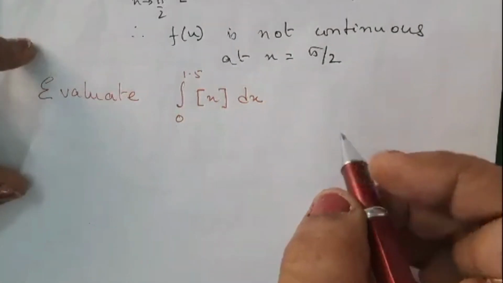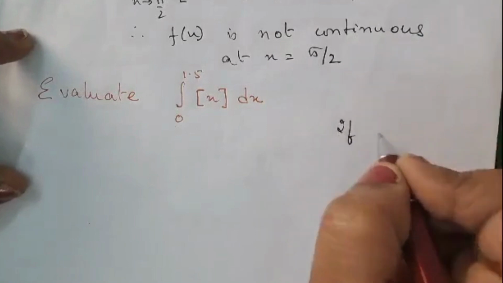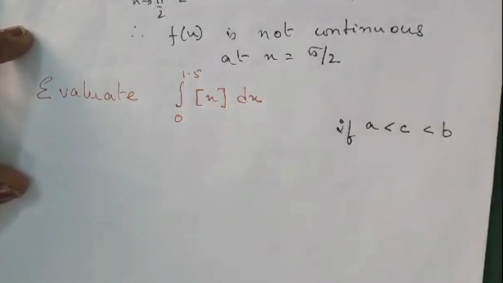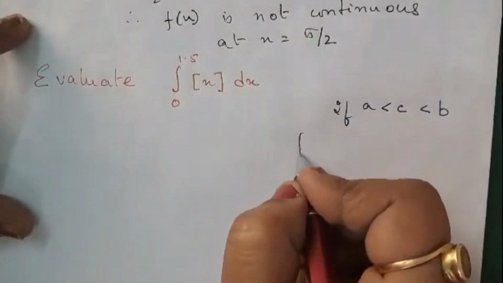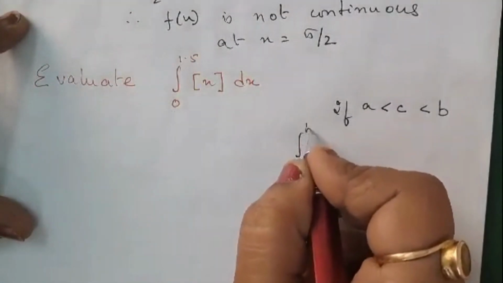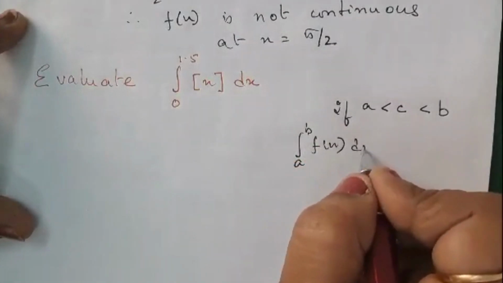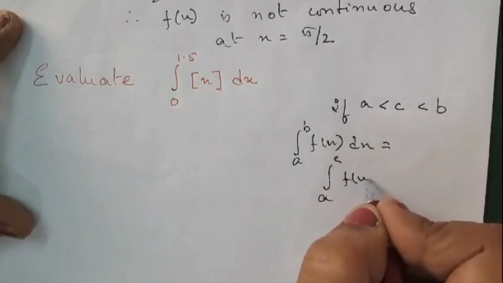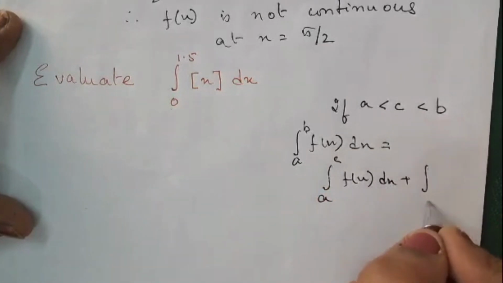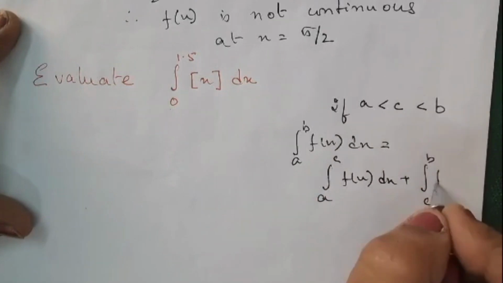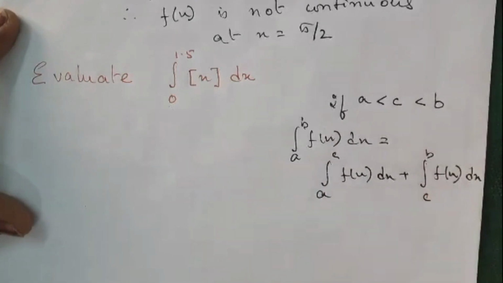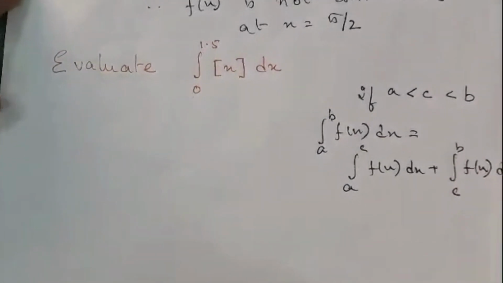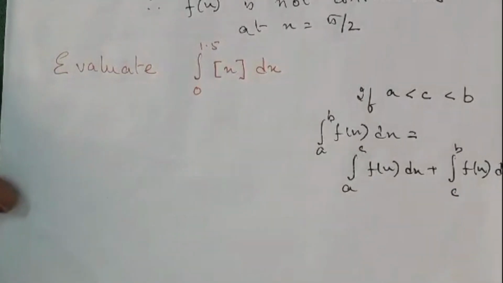Let me write that first: if a number c lies between the upper limit and the lower limit, then we can break up the integral a to b f(x) dx into the integral a to c f(x) dx plus the integral c to b f(x) dx. So like this we can break it up. This is the third property of definite integration which we will use here.